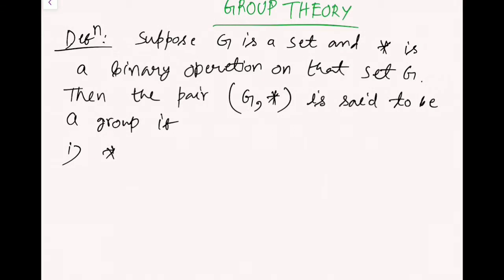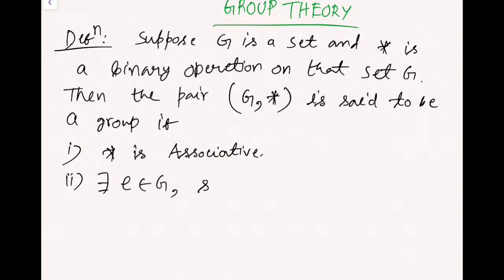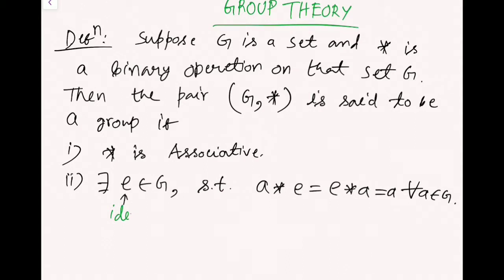Number 1, star is associative. Number 2, there exists an element E in the set G such that A star E is equal to E star A is equal to A for all the elements in the set G, and this particular element is called the identity element.